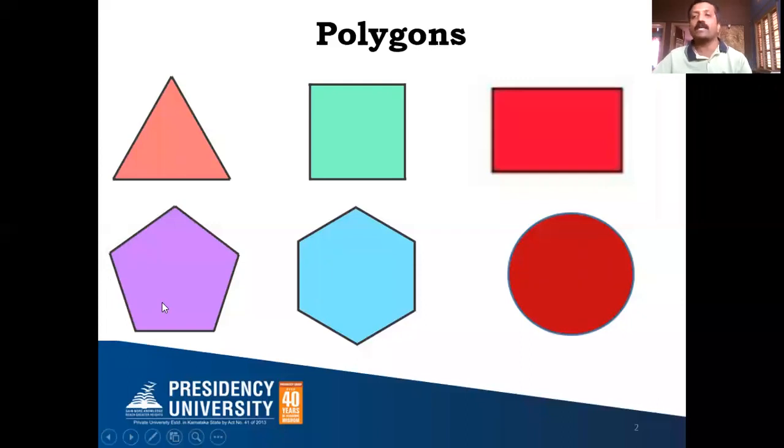Even the pentagon, if I say it's a regular pentagon, wherein all the sides are equal. In a pentagon, we have 5 equal sides as well as 5 corners. Now we'll discuss how to draw a pentagon. First I'll draw a line which is equal to the side of your pentagon.